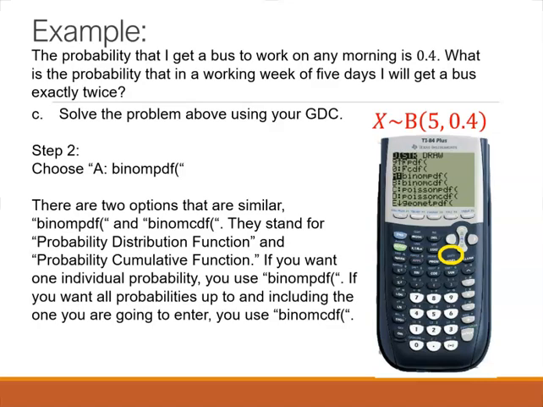CDF is going to be for an inequality. So if we're doing a probability X equals a value, PDF; if we have a probability with an inequality, it's going to be a CDF. But you might have to do some messing around before you can actually type in your calculator, because the CDF on your calculator only works for less than or equal to's. Okay?